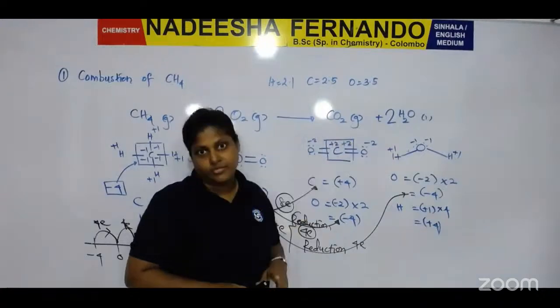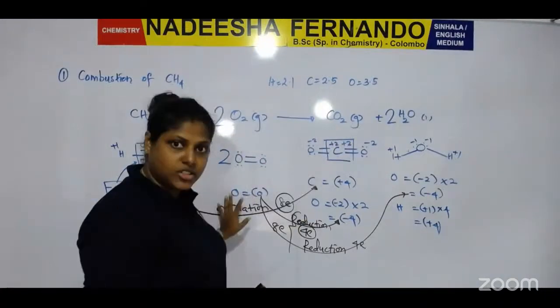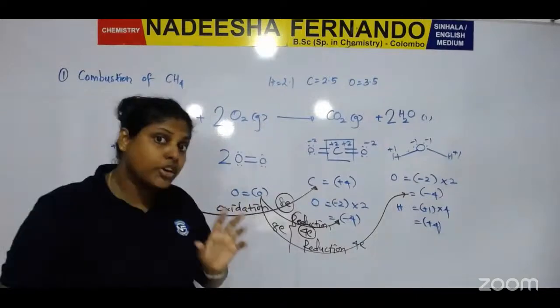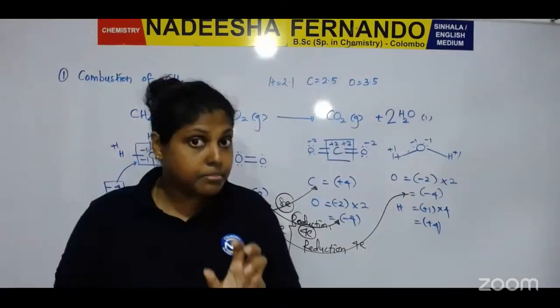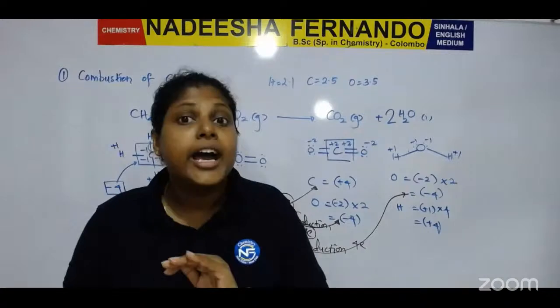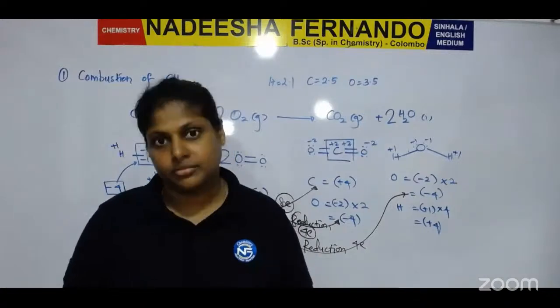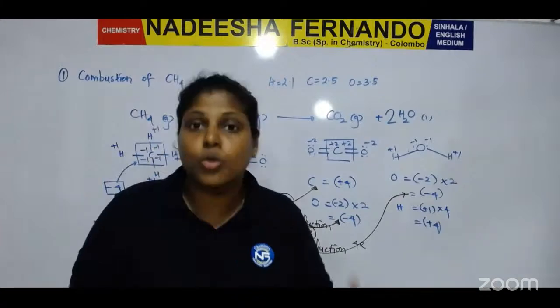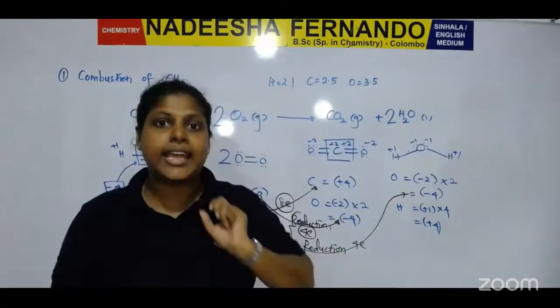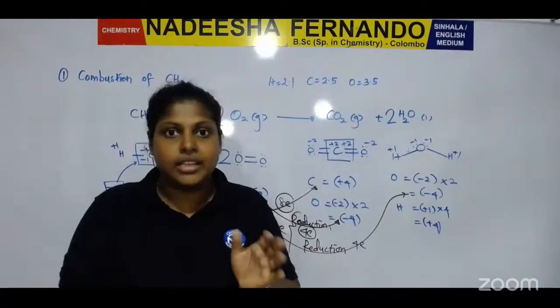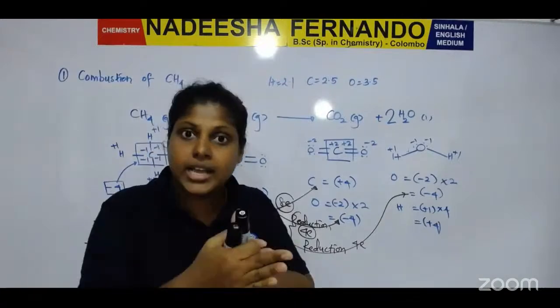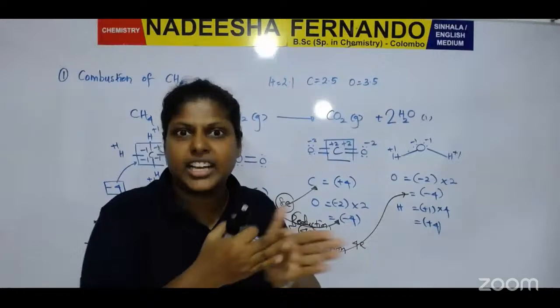So this is the redox reaction. Combustion of hydrocarbon is a redox reaction. One is removing electrons, the other one is taking electrons. The oxidation and reduction reactions take place simultaneously.